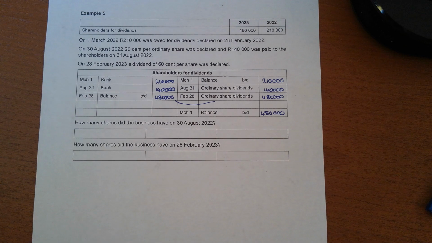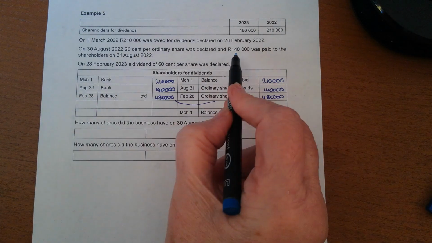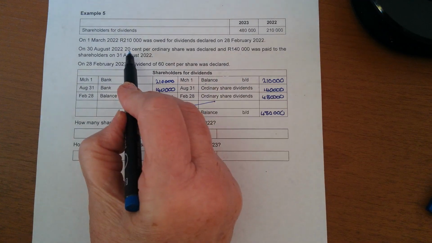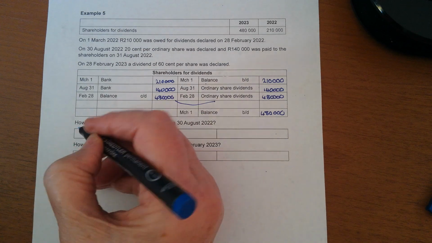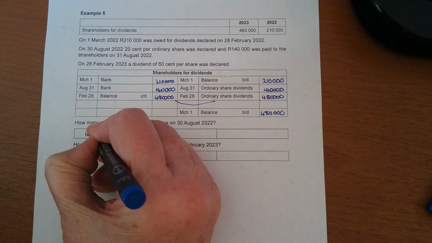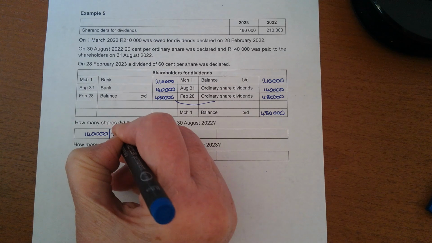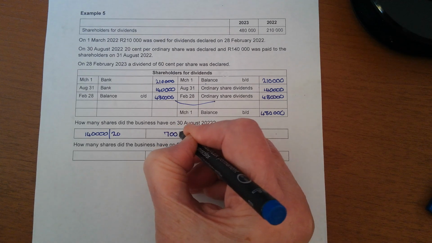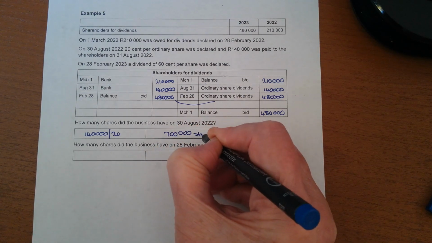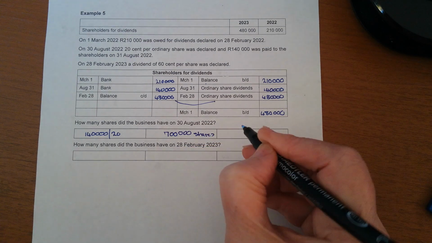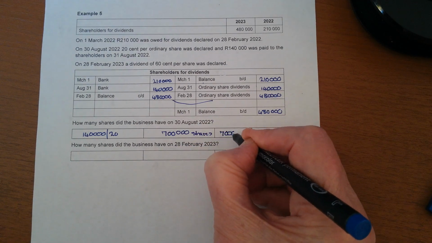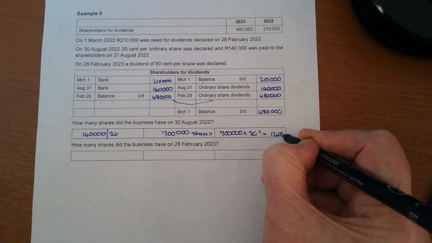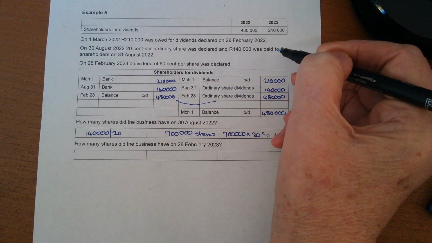How many shares did the business have on 30 August? Okay. If you look at the 30th of August, we paid out 140,000. Of that, 20 cents. So if I divide the 140,000 by the 20 cents, I will see how many shares we've got. And that indicates at that stage that we had 700,000 shares. If you want to check yourself, you can say 700,000 times the 20 cents, and that will give me the 140,000 that they told me.